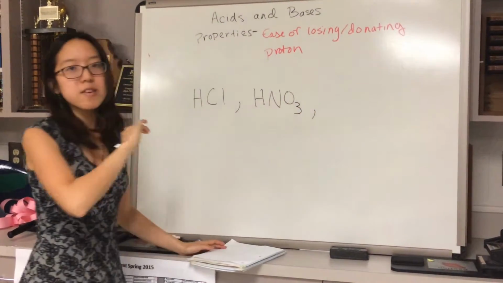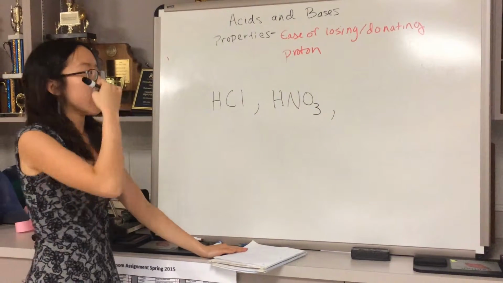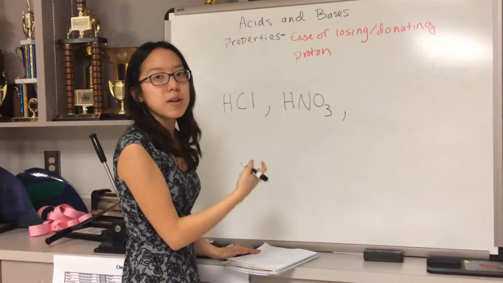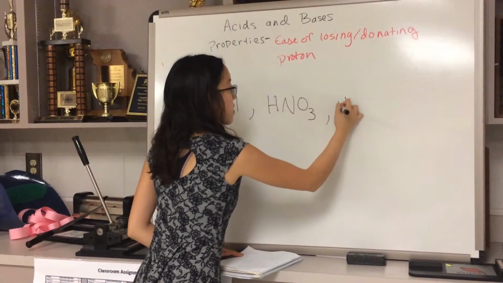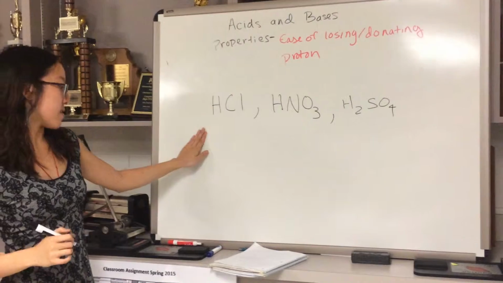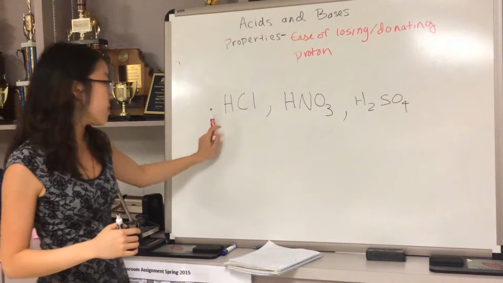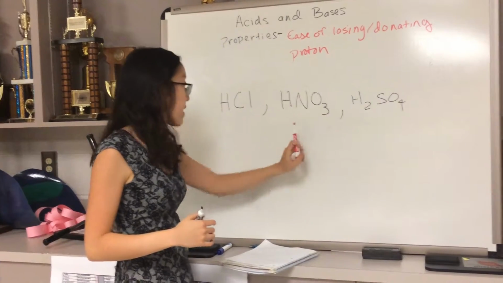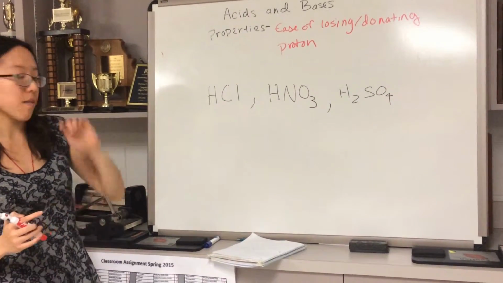For these acids, it'd be really convenient if you knew all your polyatomic ions, because that will give you a better understanding. Okay? So here are our hydrochloric acid, like I referred to before, our nitric acid, and our sulfuric acid, all with very low pHs and all things that you have to know.